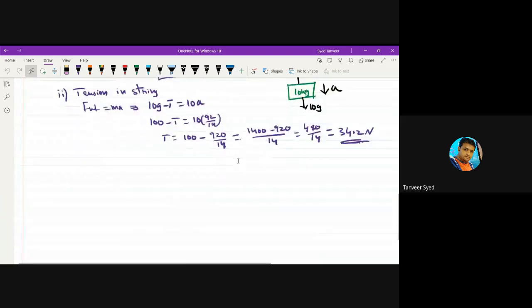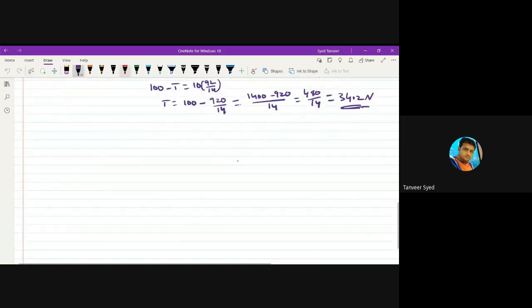Next, another question. We have an incline of 30-degree angle. This is a rough incline. Coefficient of friction is 0.2.